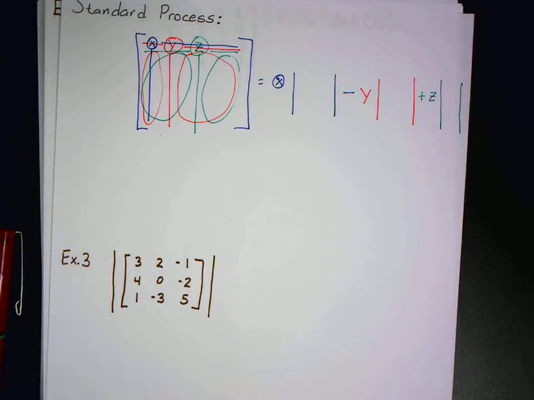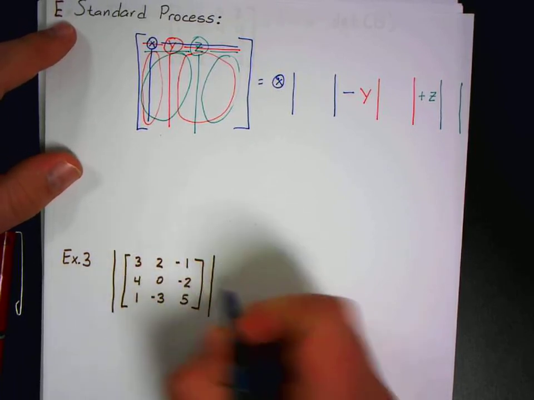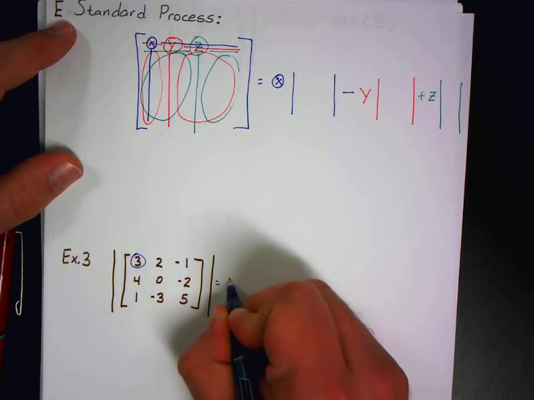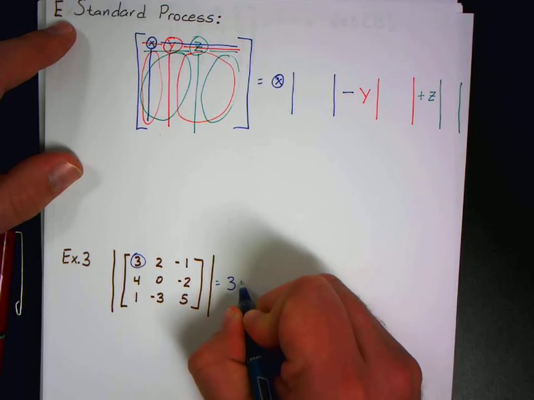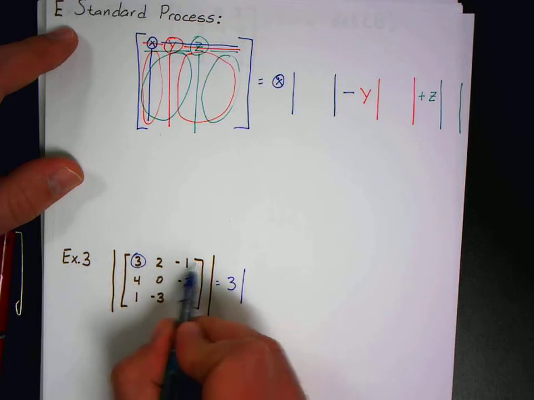All right, so let's do the 3. So example 3. I'm going to start with the 3 here. So I'm going to take 3 times the determinant of, okay, so I ignore this row and this column.